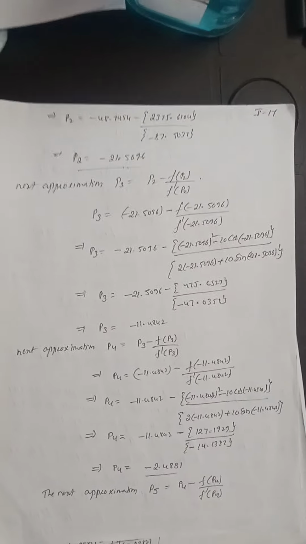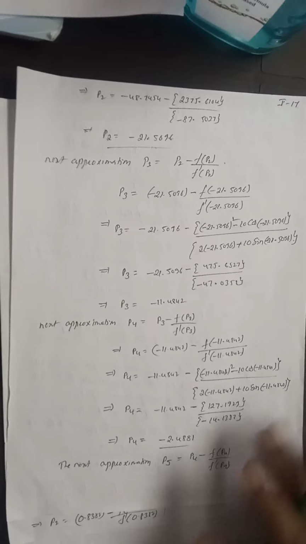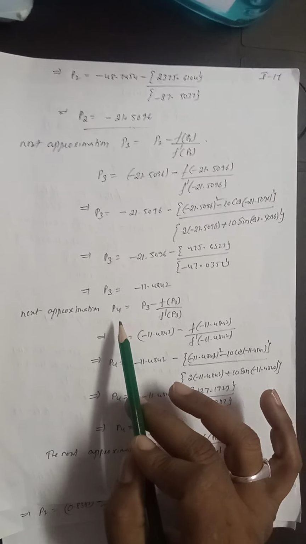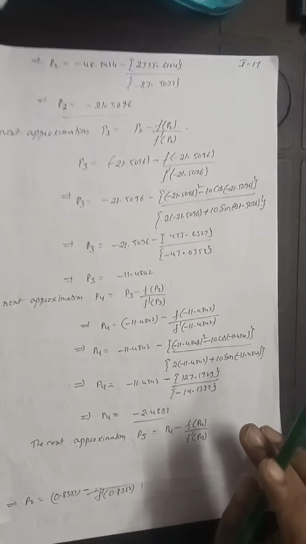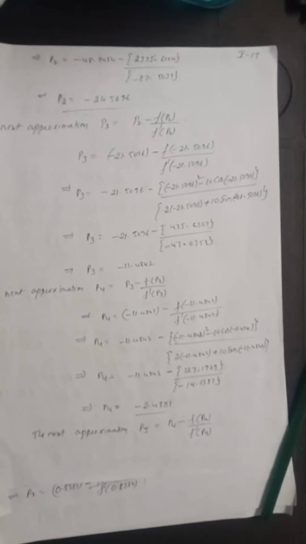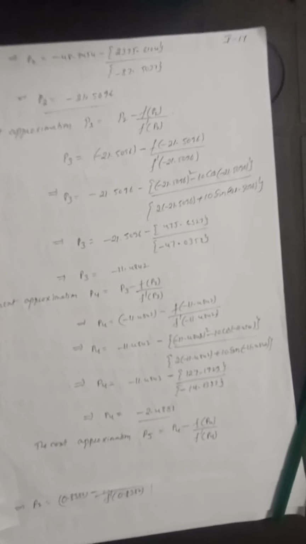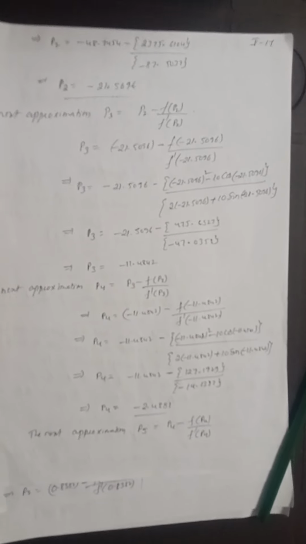That's why these methods are called iterative methods. We have to repeat n number of times. Now the next approximation is given by p4. p4 is equal to p3 minus f of p3 by f dash of p3, right? Now see, again we are substituting p3 value in the formula. We are getting p4 as minus 2.4, right?